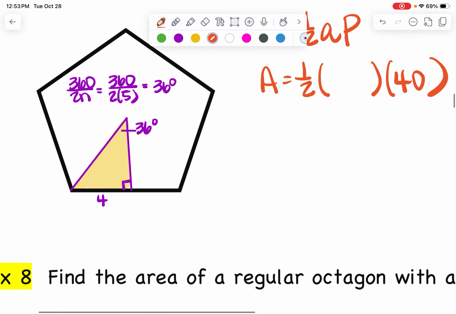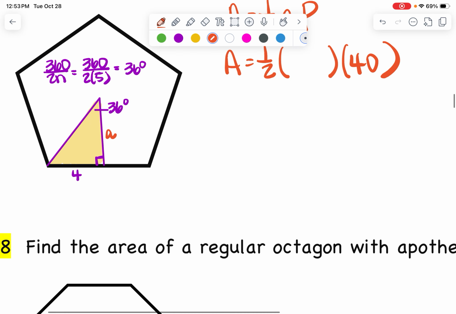So I'm going to go back to my picture. Here's my apothem. That's the side of a right triangle of which I know the base and the angle. Now I have to use trigonometry because it's not a special right. If I use the 36-degree angle, the 4 is the opposite, the A is the adjacent, so I need to use tangent.